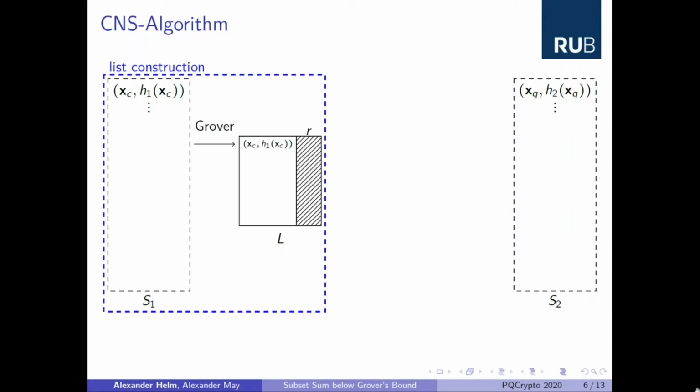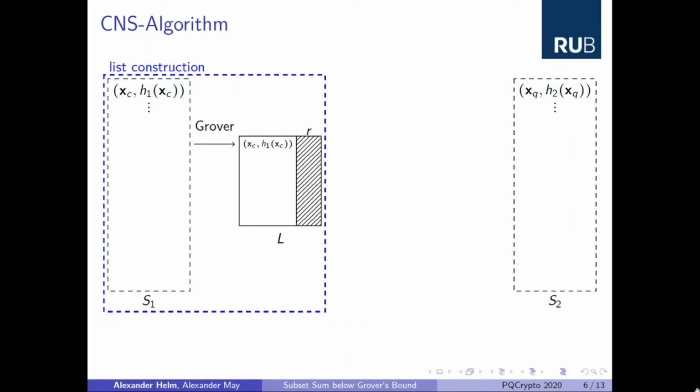So in the first step, we construct a list L where the elements consist of two entries, xc and the regarding functional value h1 of xc, where the last r bits of this value are fixed to a predetermined value. This is done by some Grover search over the domain S1 to find some xc where the last r bits are equal to a fixed predetermined value.